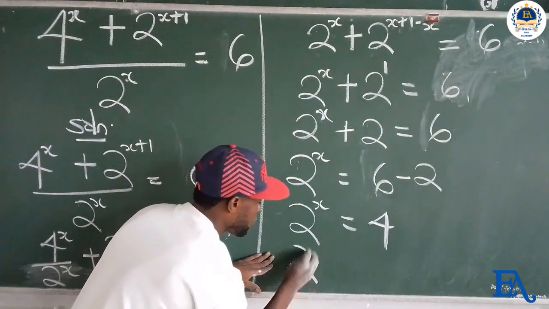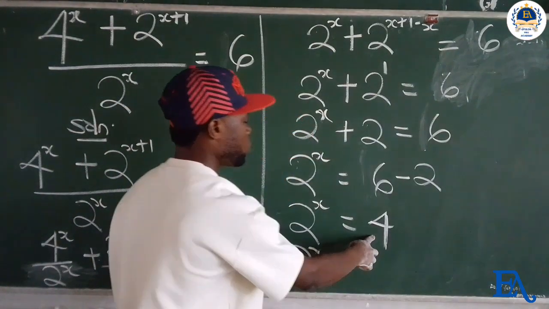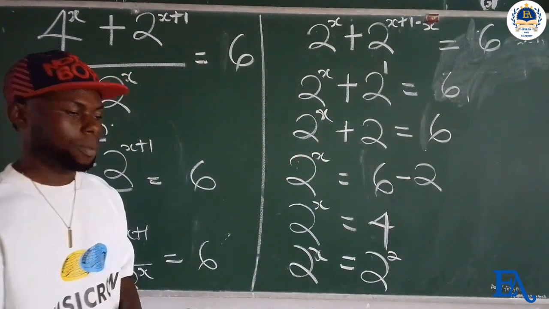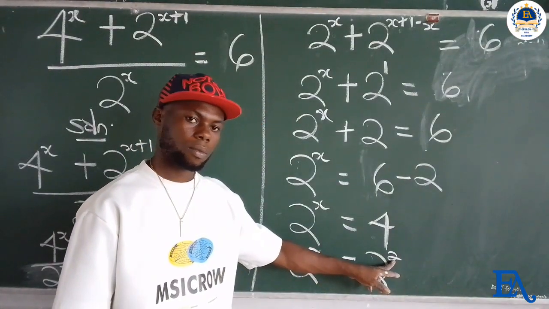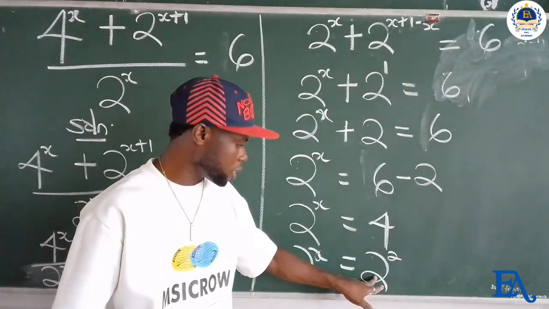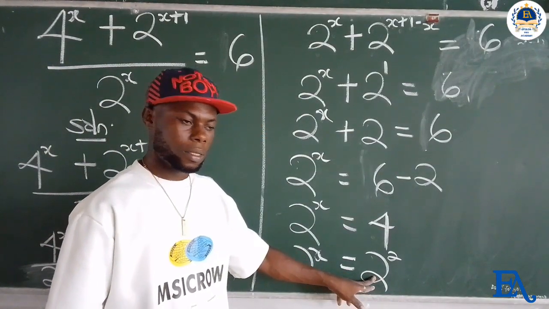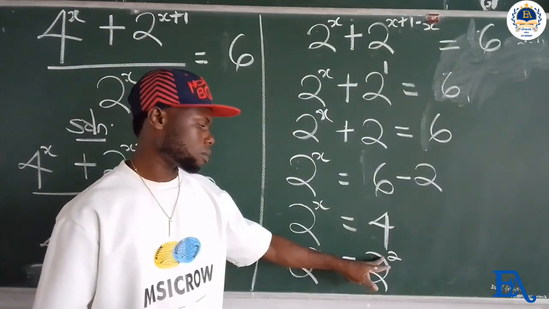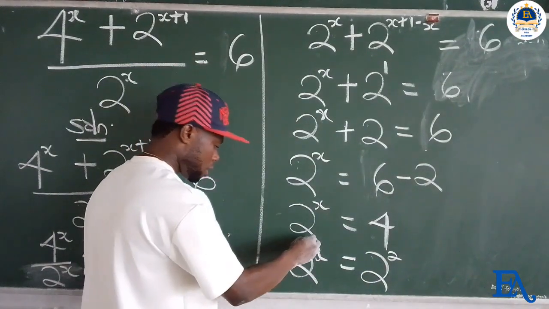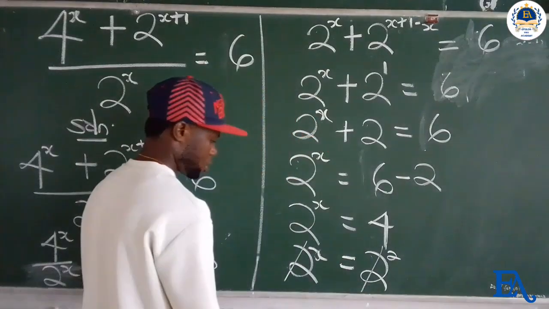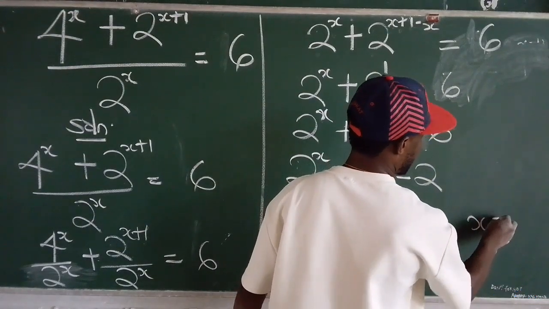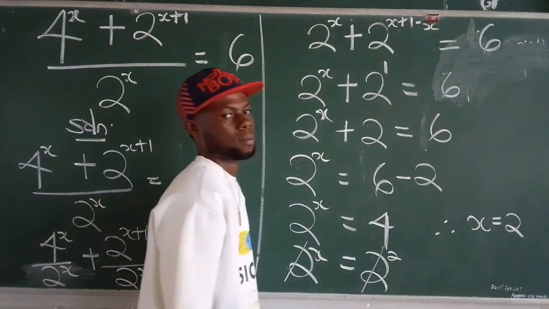So that gives 2 raised to the power of x is equal to 2 raised to the power of 2, because 2 raised to the power of 2 gives 4. By the method of comparison, since the two bases are the same, therefore their respective powers must be the same. Or you can say, let this cancel this, and x is equal to 2. Therefore, x is equal to 2.